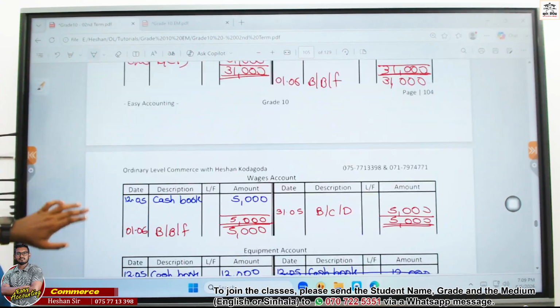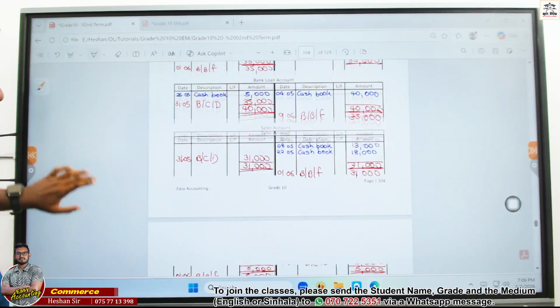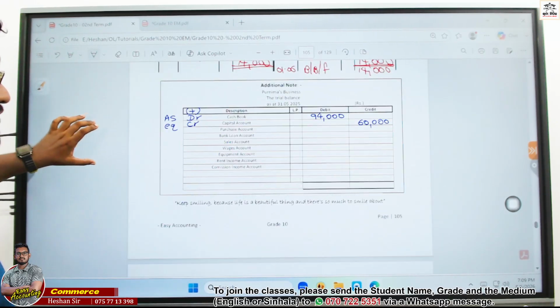Purchase account is which type of account? Purchase is an expense account. Expense increase is debit, 35,000.